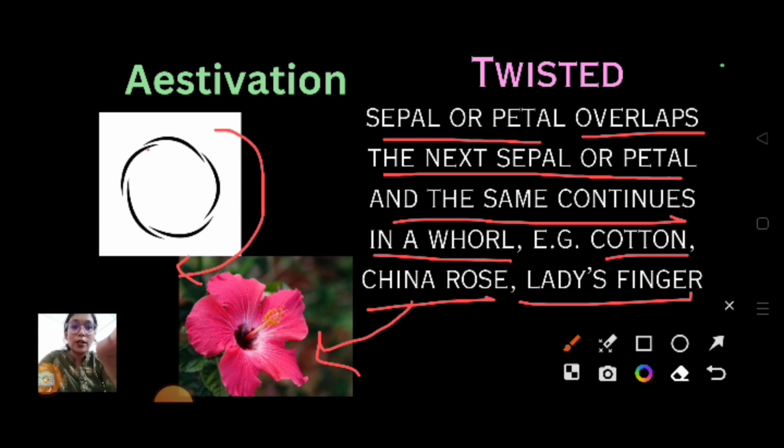So this end will be at the topmost, and this is at the bottom, top, bottom, top, bottom, top, bottom, top, bottom. It's in a sequential, twisted manner, following a sequence. Okay, in the case of twisted type of estivation.